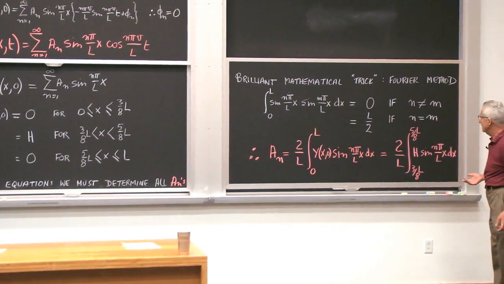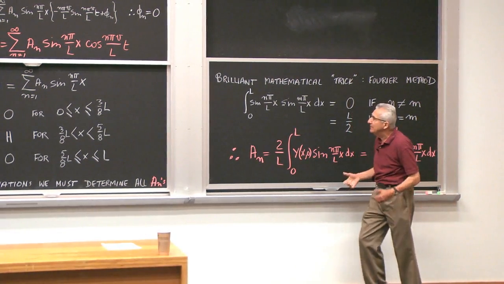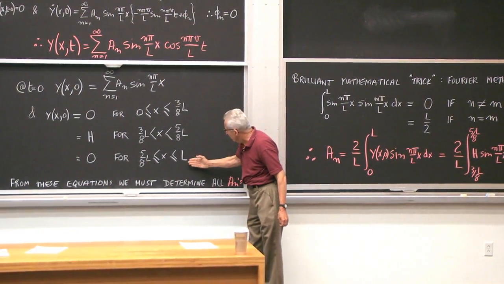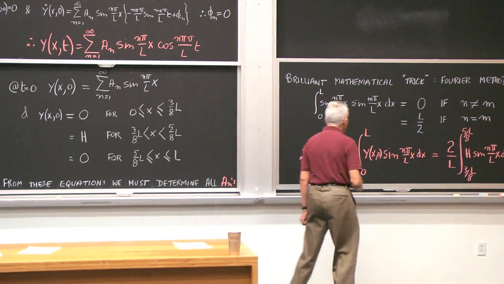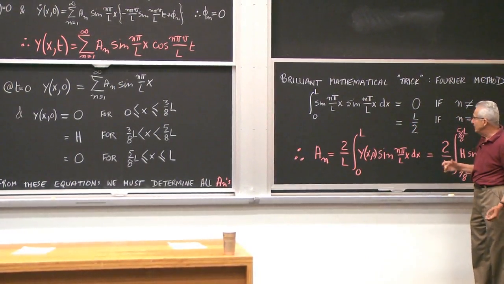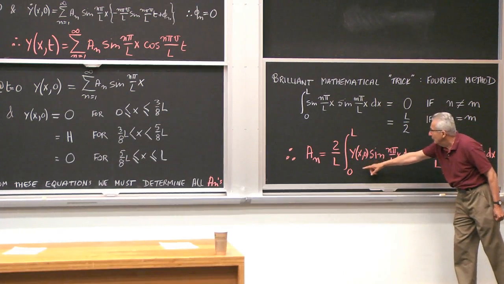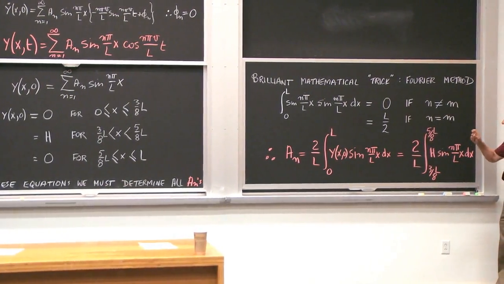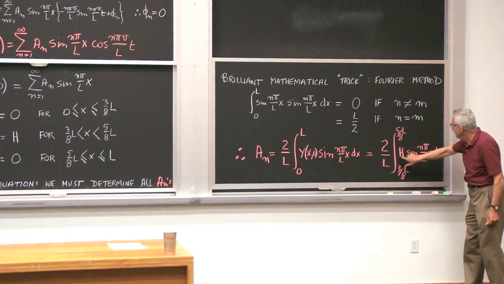In our case, y of x at time 0 is particularly easy. It's 0 in this range, 0 in this range, and a constant for the rest. Over the part of the range where it's 0, if I multiply something by 0 it is 0, and so I only have to do this integral over the range where y of x at time 0 is h.